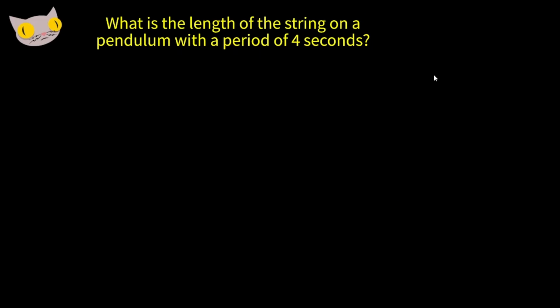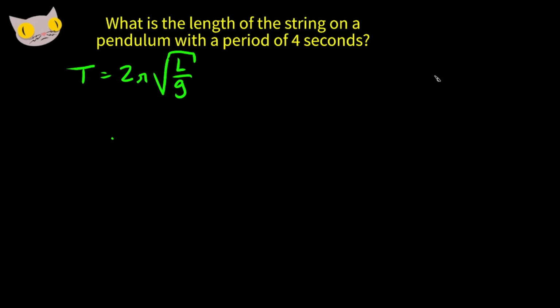Let's try this one. What is the length of the string on a pendulum with a period of 4 seconds? So we have our formula here. Period is equal to 2 pi times the square root of length over acceleration due to gravity.